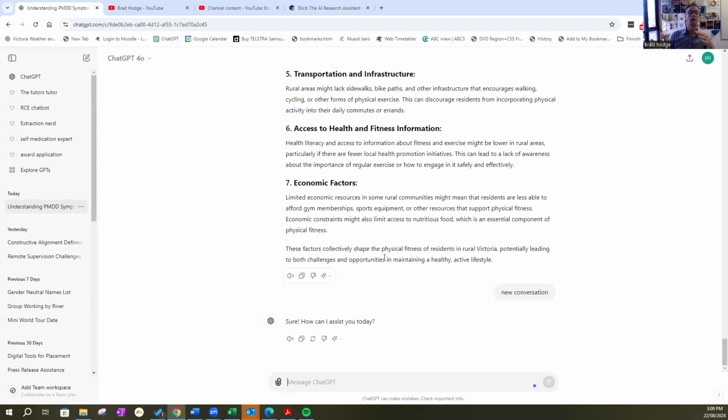However, if you want to understand the nature of a particular small rural community in Victoria, it's not going to be as effective. The data is old, kind of, but also the amount of information available is really small. So it doesn't have enough data to create a predictive model to answer questions about, say, Heathcote. It'll be able to tell you something, but it's not going to give you the richness that you're going to get.